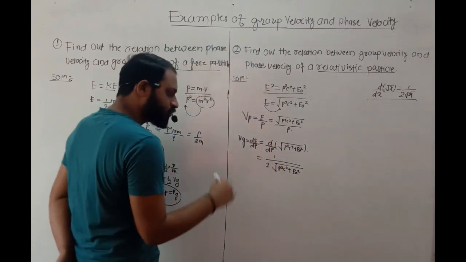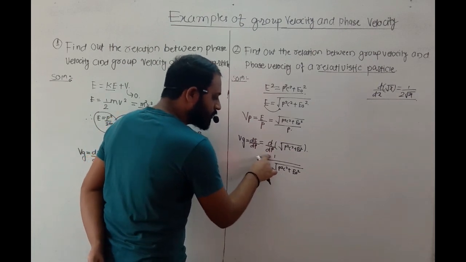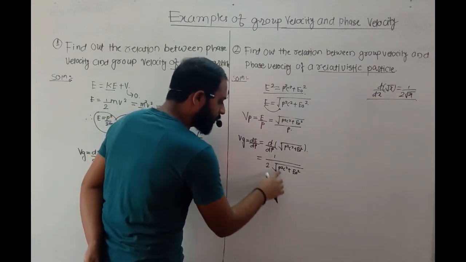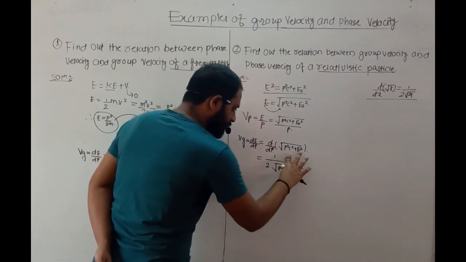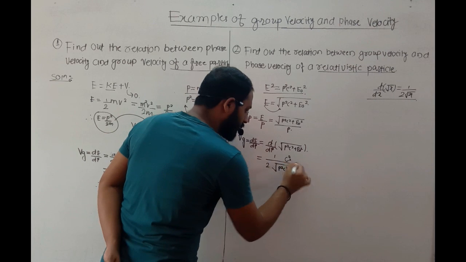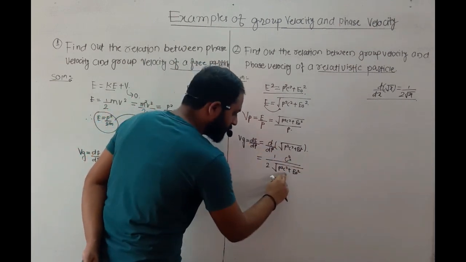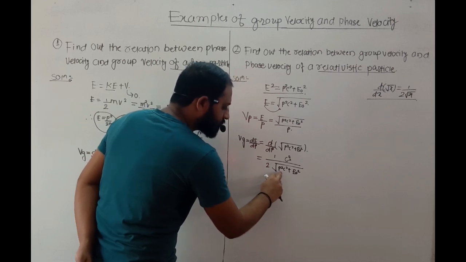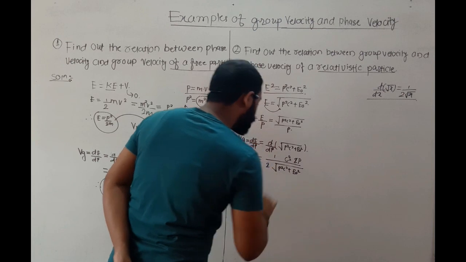But there is also an inner function, that is P square C square, because we are differentiating with respect to P. Here C square is constant, so it comes out in the numerator. The derivative of P square with respect to P is how many? 2P. Therefore, these two get cancelled.